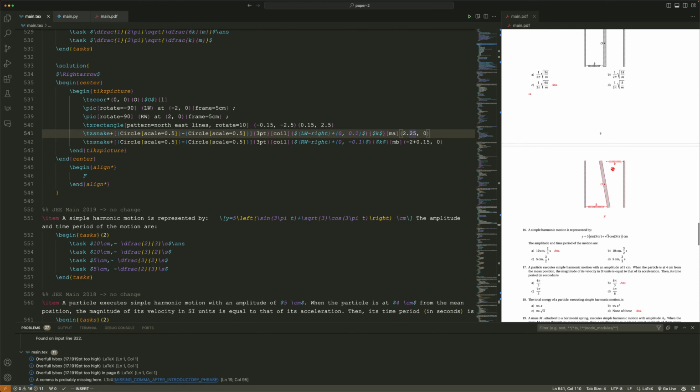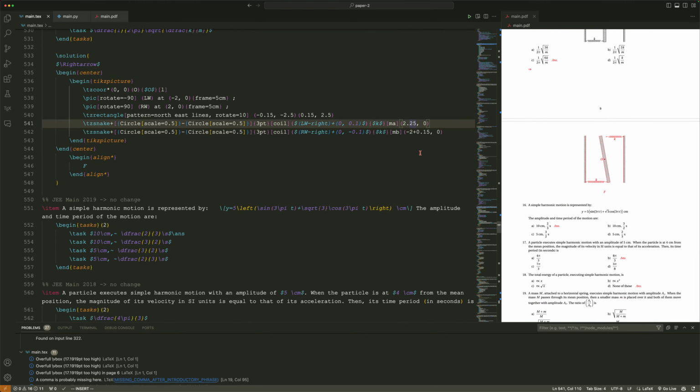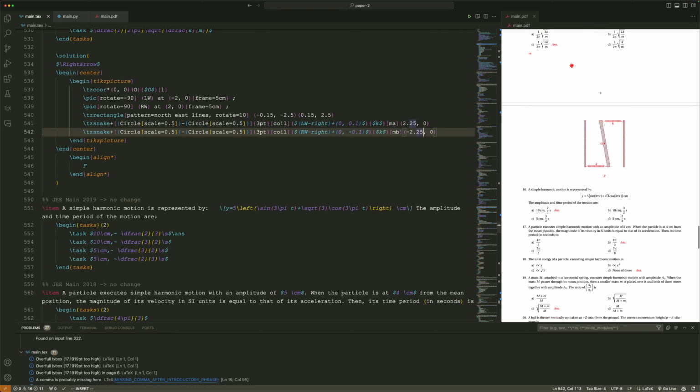From where it was initially connected, yes. So I think that's okay. And minus 2.5, 2.25. This will do the job for right now. But in the future we have to be careful. We can just change the angle and everything will settle down accordingly. So that is how a diagram should be made. Actually I made this diagram without much thinking. So let's move on to the solution part.